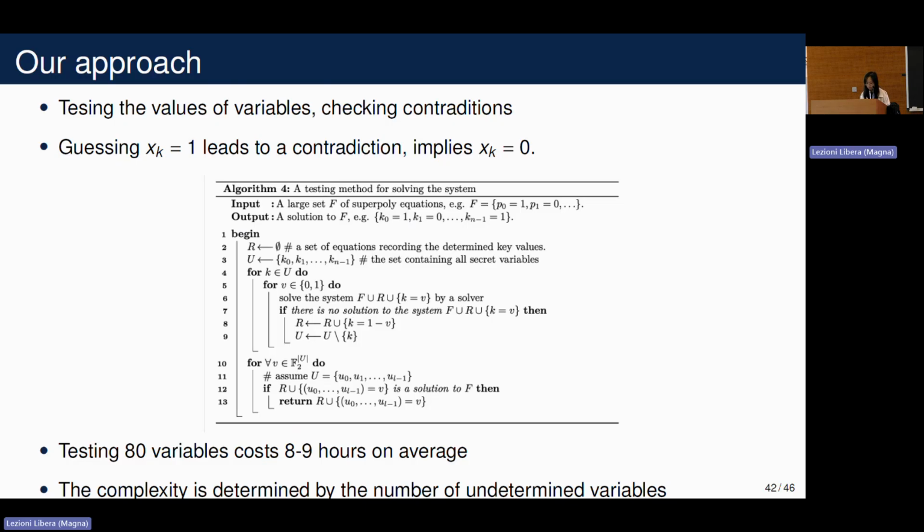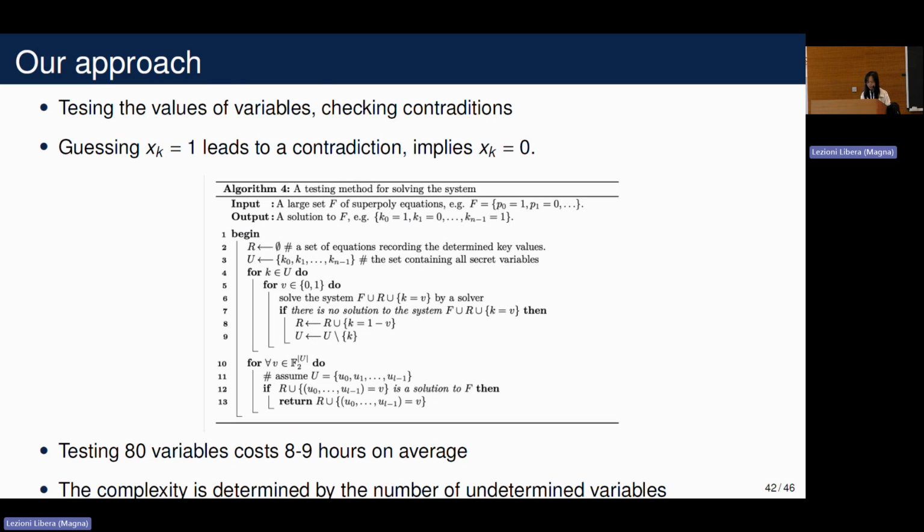Below is the algorithm for testing variables. First, we sort the variables by appearing times. Secondly, we test whether setting a variable to 1 or 0 leads to a contradiction. The testing method is a SAT solver and Gröbner basis method.